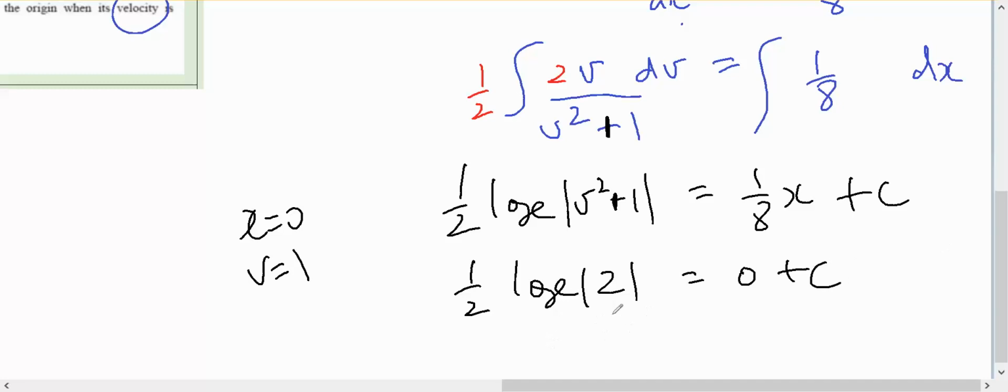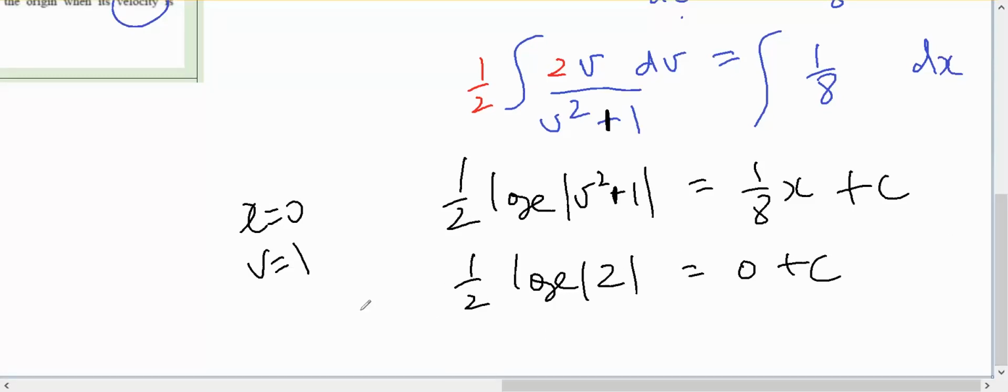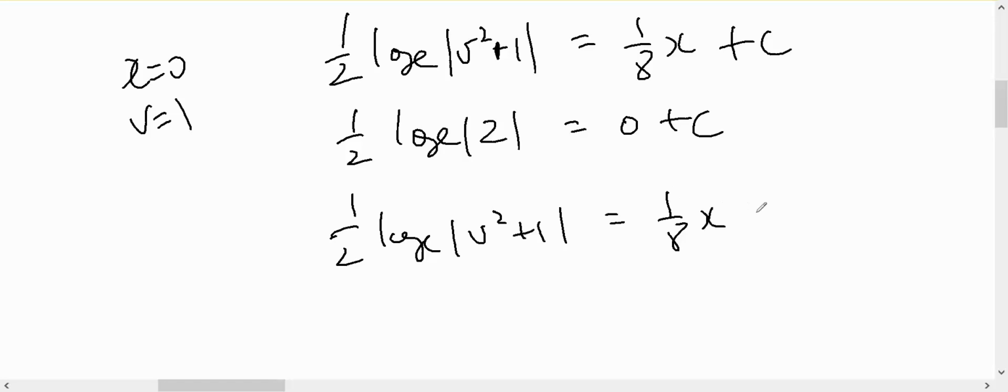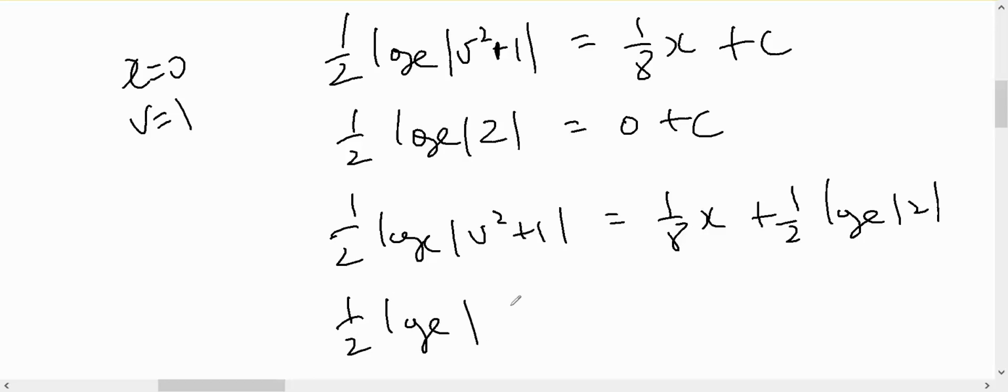So c equals a half log base e of 2. Therefore, I've got a half log base e of v squared plus 1 equals 1/8 x plus a half log base e of 2, which will give you a half log base e of v squared plus 1 all on 2 equals 1/8 x, by moving this to the other side, combining it, and with the negative on the logarithm becoming the division.